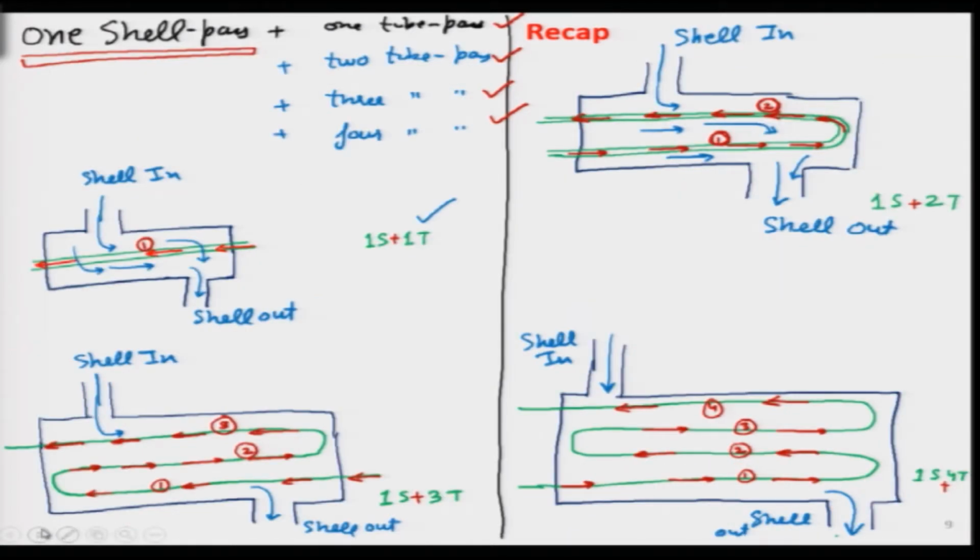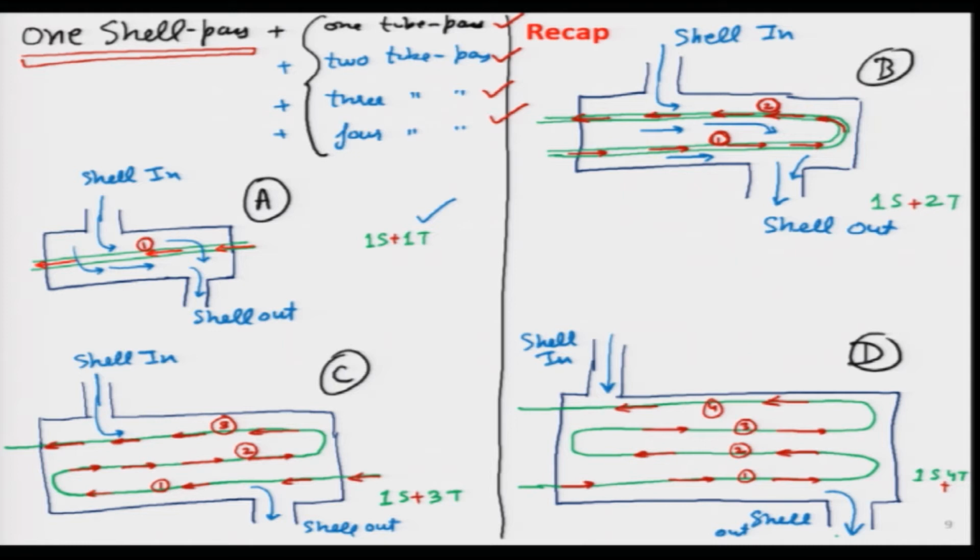Just for illustration we looked at these 4 cases, which I can call A, B, C and D, and those 4 configurations are given over here. In all these 4 cases, the shell side fluid passes only once, so all 4 are one shell pass, and as we go from A to B to C to D, we are increasing the number of tube passes.